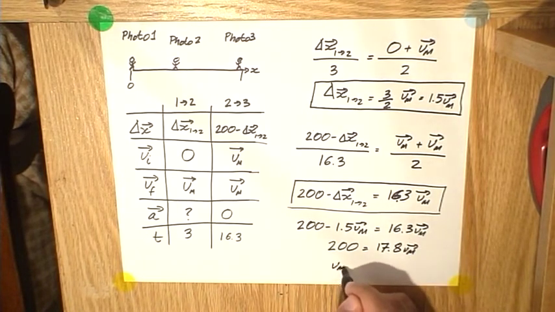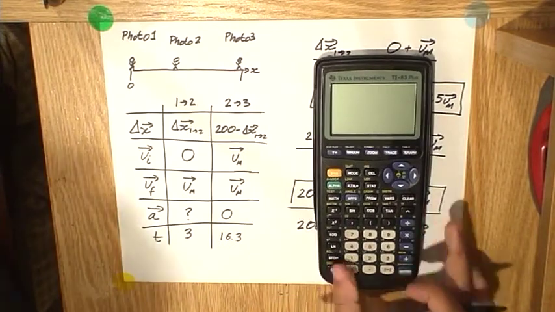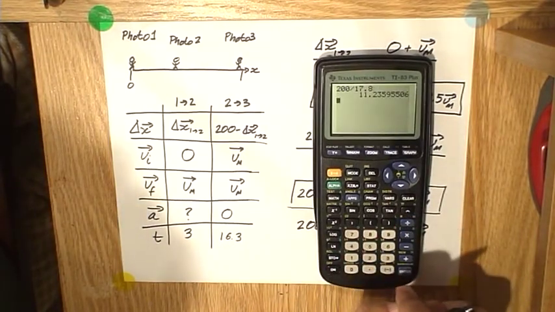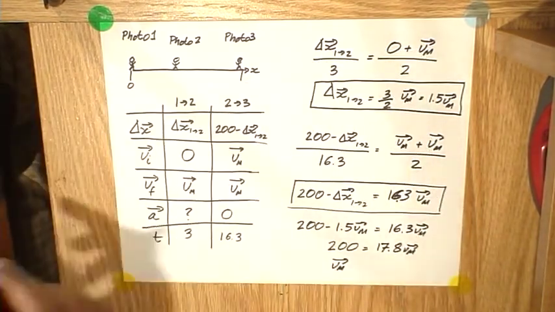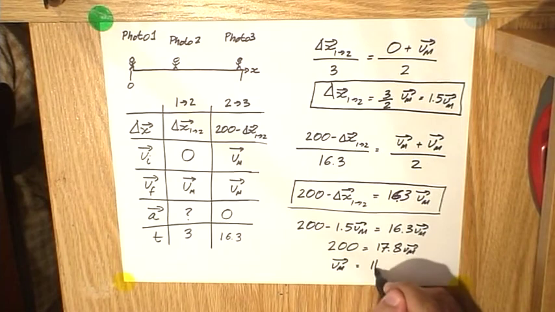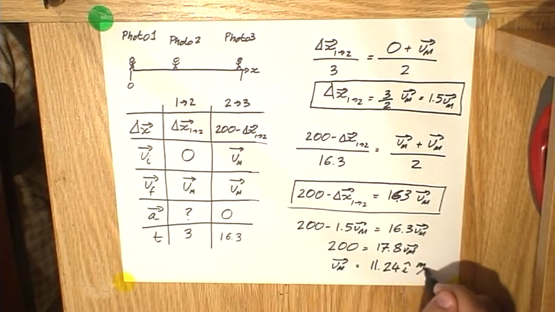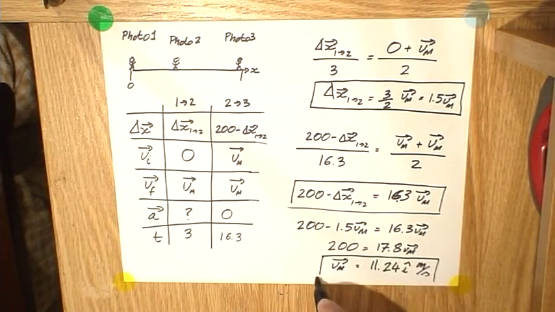So now we can solve for Vmax. It is simply going to be 200 divided by 17.8, which is 11.24. So that is Usain Bolt's top speed in this race.